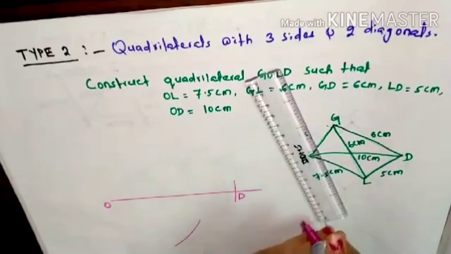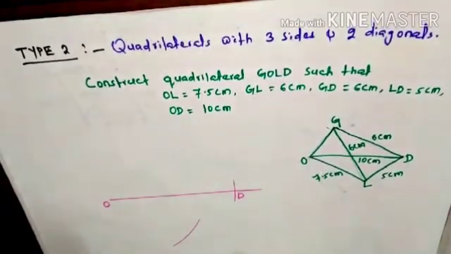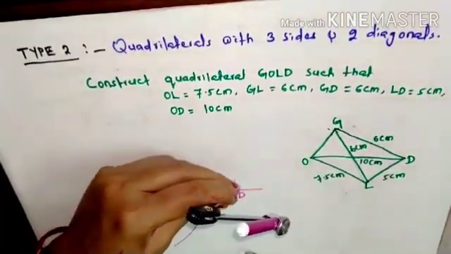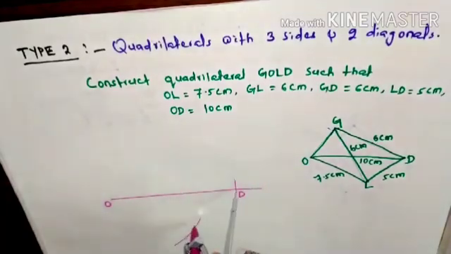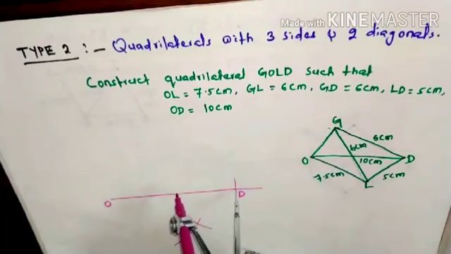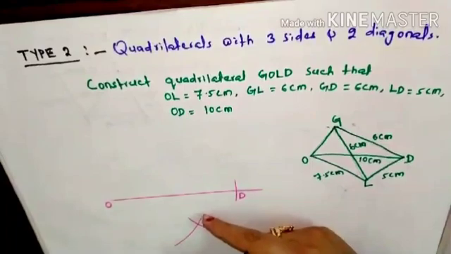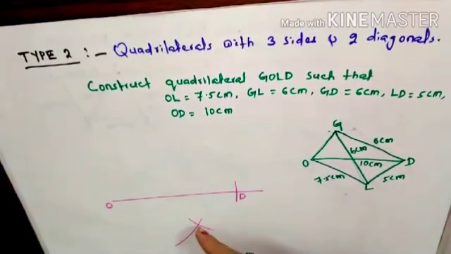So again measure 5 cm. Taking D as a center, make another arc at a distance of 5 centimeters. Then you will see that these two arcs meet at one point.